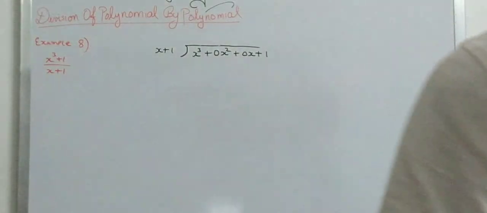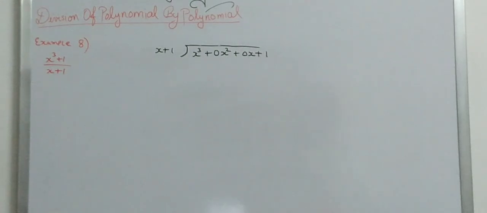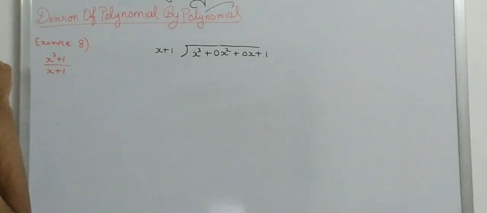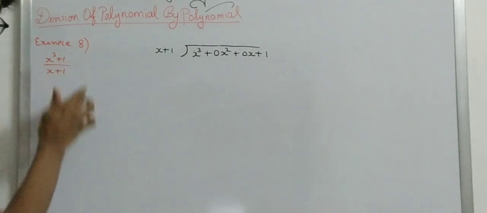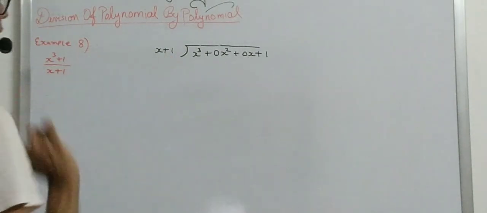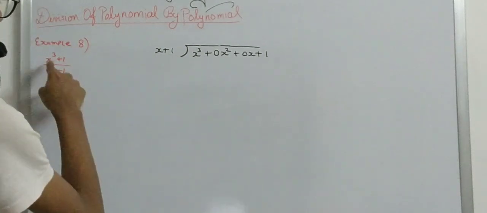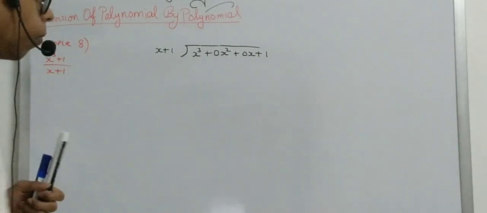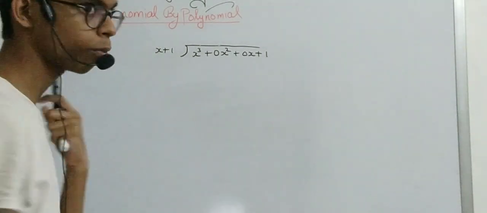Okay, so our next question is find the remainder obtained on dividing p of x is equal to x cube plus 1 by x plus 1. Okay, so this is your question. Now the first step we know. First of all, we have to write the given polynomials in the standard form. Okay, so x plus 1 is in the standard form, but when you say x cube plus 1, we have to write it in the standard form.